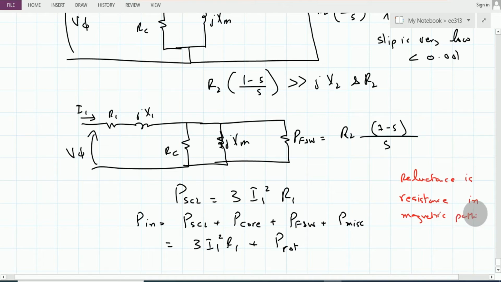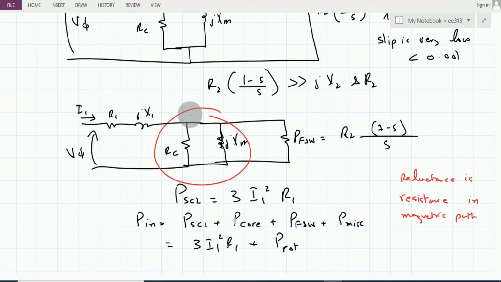So what happens with this high value of reluctance? This XM is much smaller compared to the resistance which comes in parallel in this particular branch, and therefore the input power factor is very low.